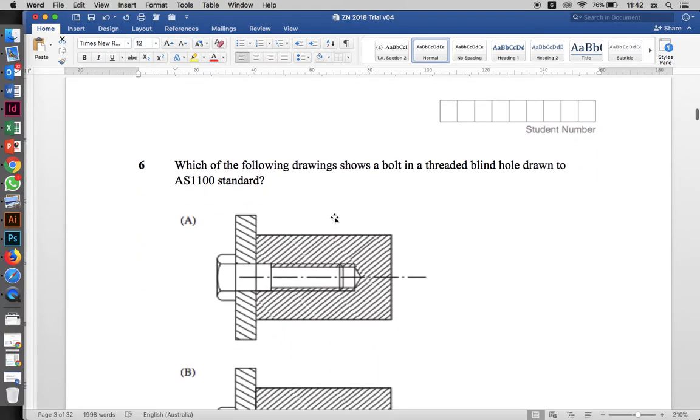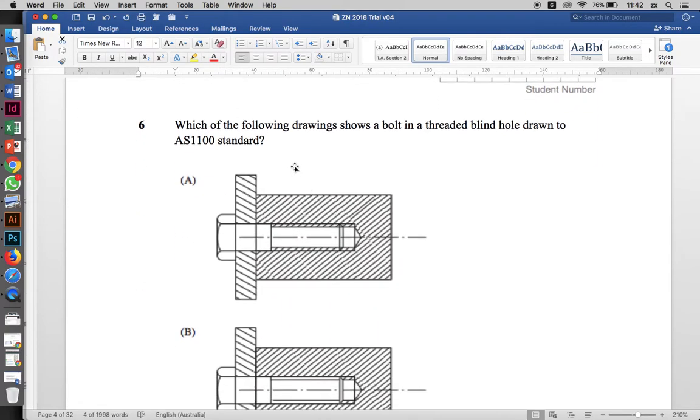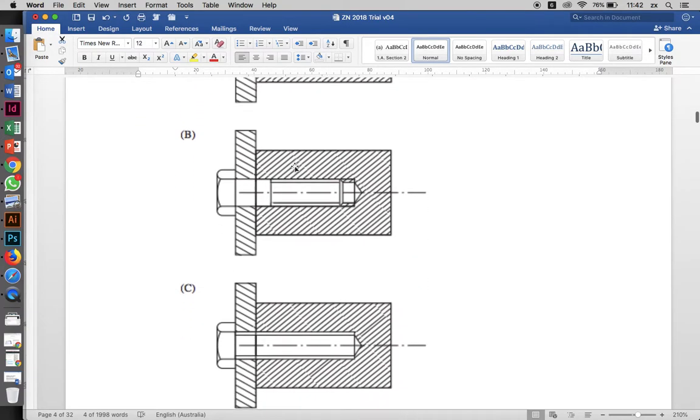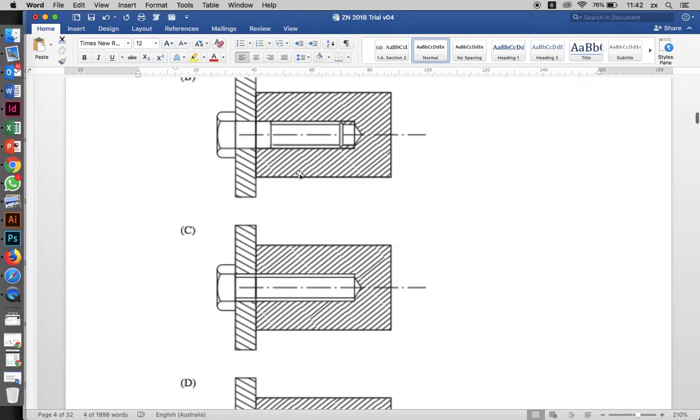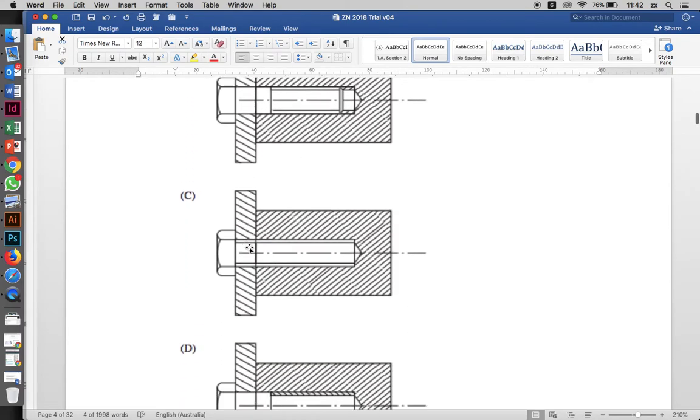Okay. Question 6. Which of the following drawings shows a bolt in a threaded blind hole drawn to AS 1100 standard? Okay, so let's have a look. Well, that is threaded all the way through, which is not to say it's impossible. This section here is unlikely to be threaded, but it is possible.